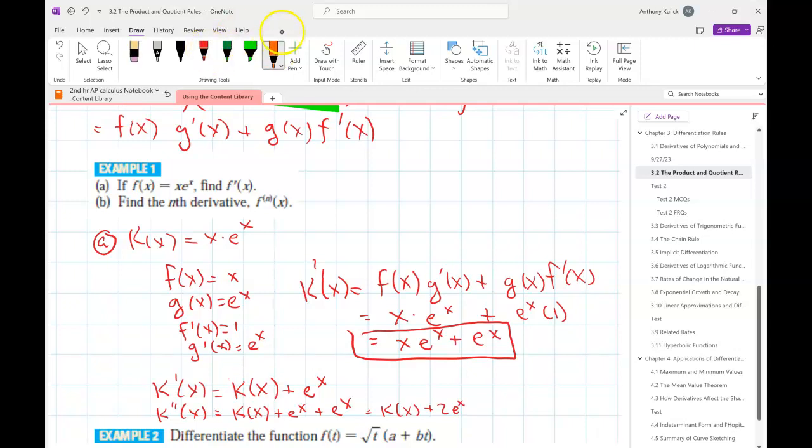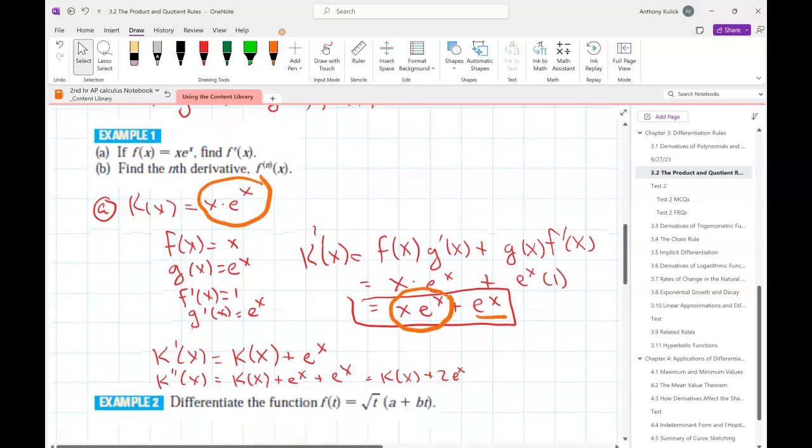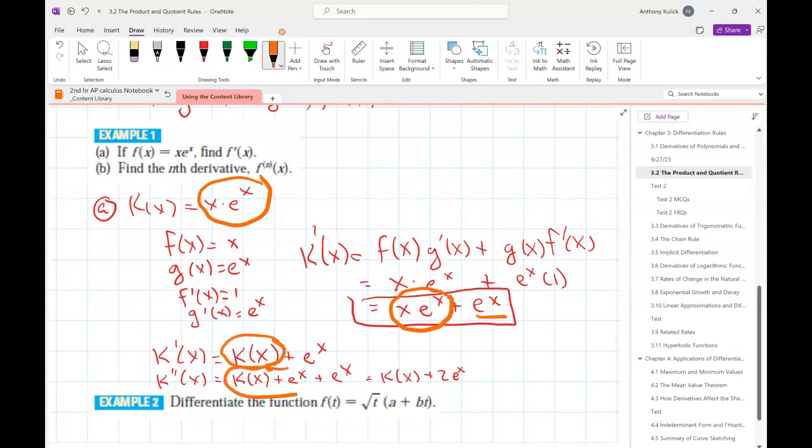Because we saw that when I do the derivative of k of x, I get it back plus the e to the x, right? So when I do the second derivative, I just get another e to the x. That piece gives me those two, and then the other piece just stays the same when I take the derivative of it.